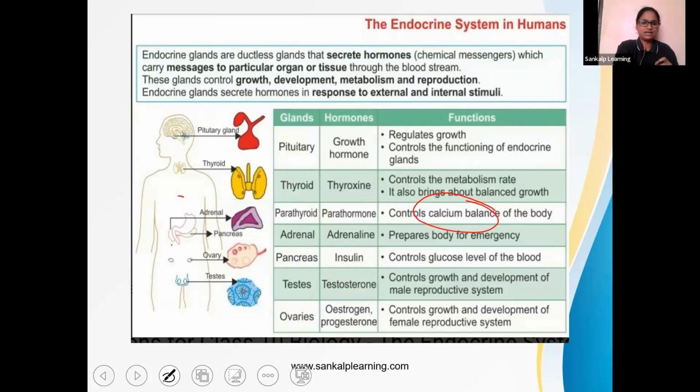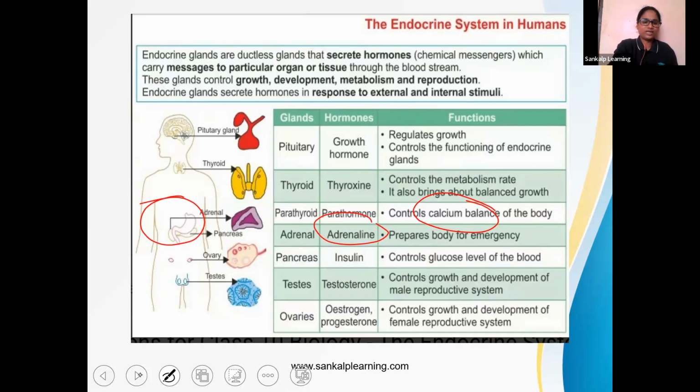You can see the adrenal gland here. This adrenal gland secretes a hormone called adrenaline. It is also called the shock hormone. It prepares the body for emergency conditions, sudden fear, sudden shock. All that will be controlled by this hormone.